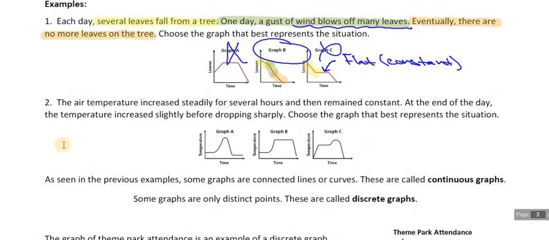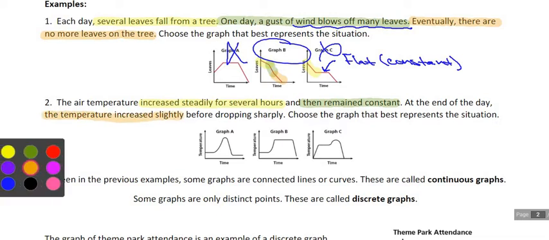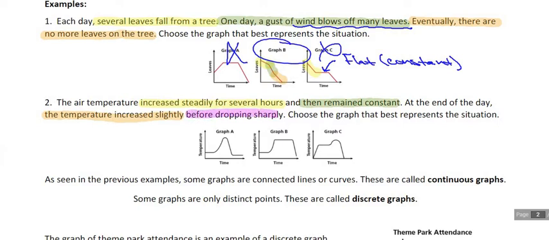In number 2, the air temperature increased steadily for several hours and then remained constant. At the end of the day, the temperature increased slightly before dropping sharply. Using these clues and the descriptors, decide whether graph A, B, or C represents this situation.